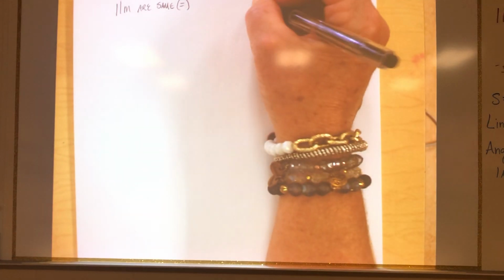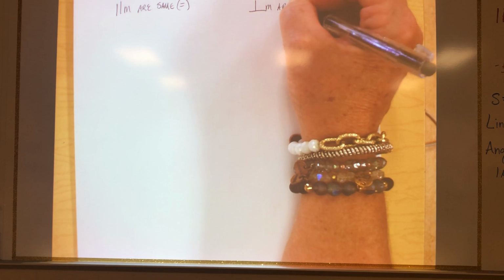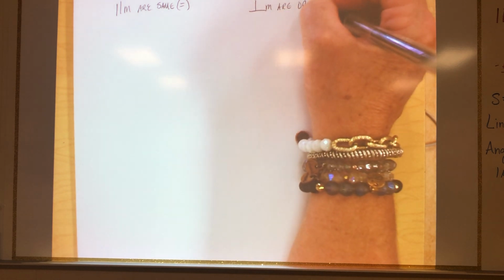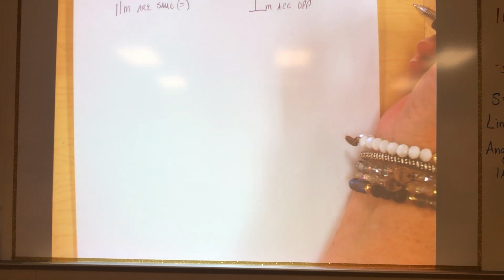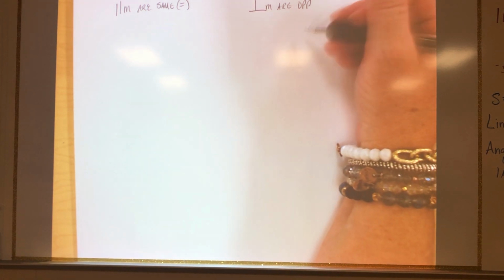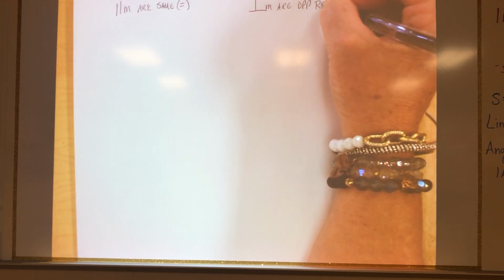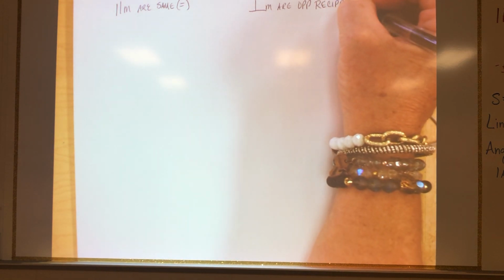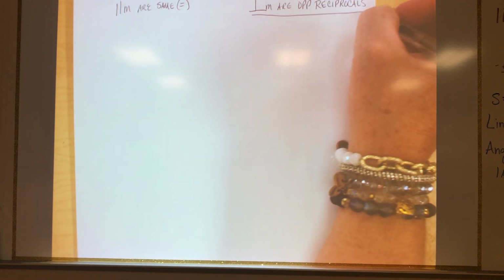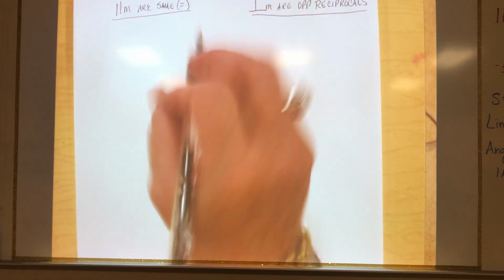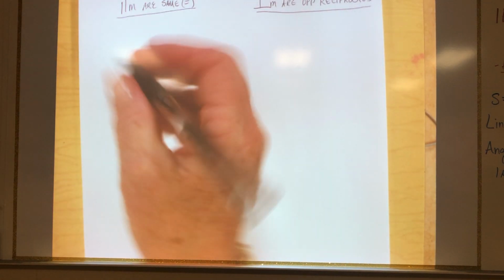What about perpendicular slopes? They're the opposite reciprocal. All right, so they are opposite. What does opposite mean? Yeah, one's positive and one's negative. Okay, opposite reciprocals. You already know that? Yes. Okay, that is gonna be on your test.